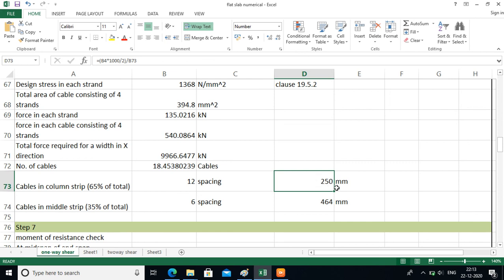That gives us 250 mm and 464 mm, meaning we need to provide the cable at a distance of 250 mm in the column strip, and we need to lay the cables at a distance of 464 mm in the middle strip in x direction. Actually we have a square shape, so we are going to provide this type of cables spanning in column strip and middle strip for x and y also.